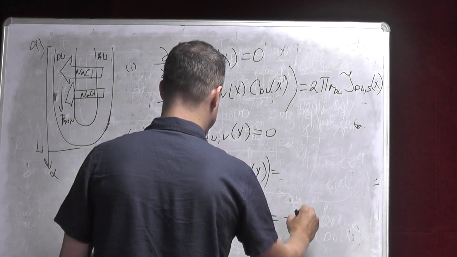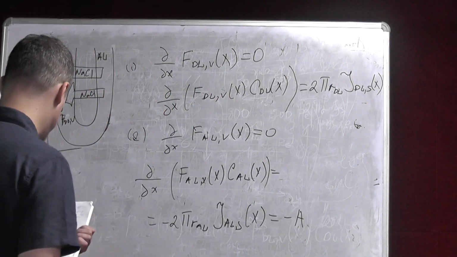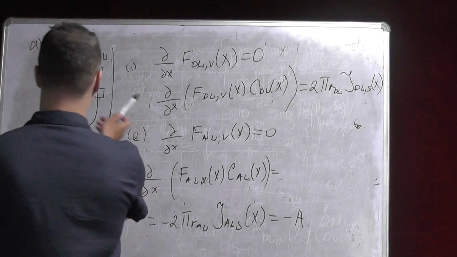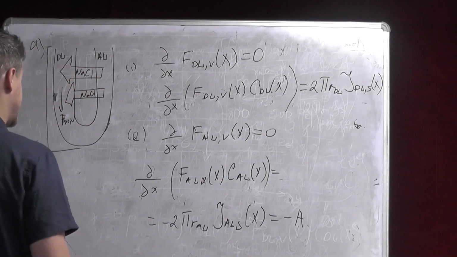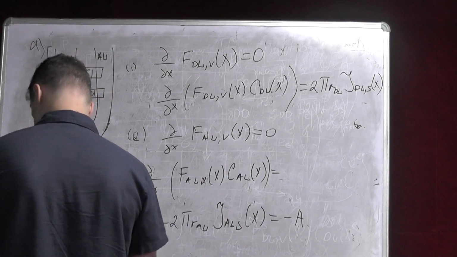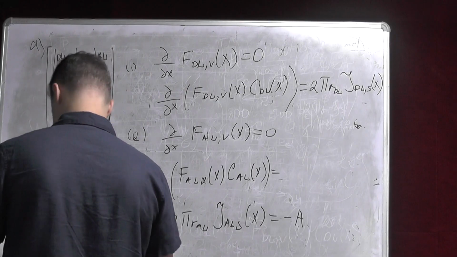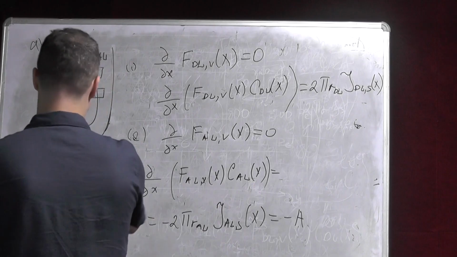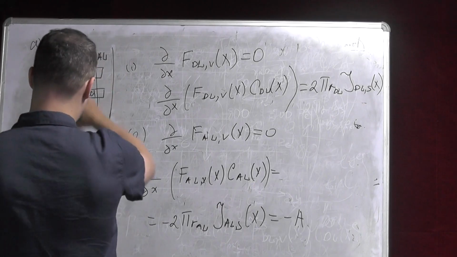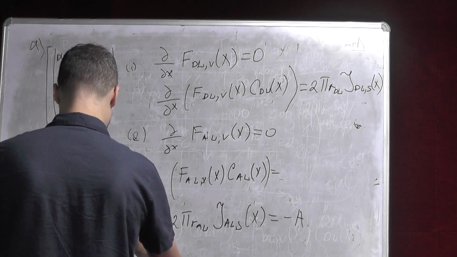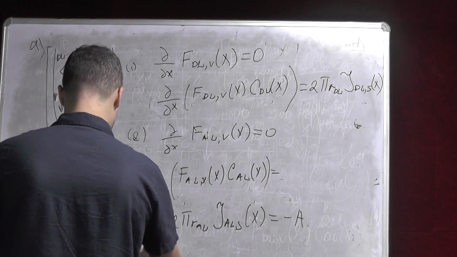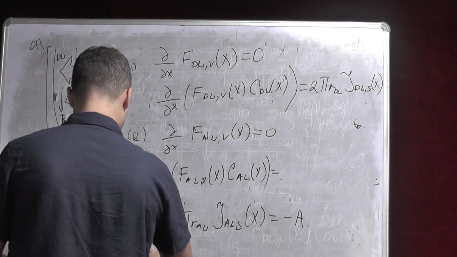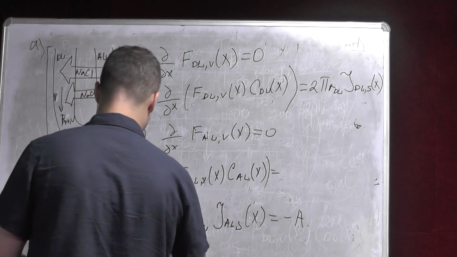And in that case, we can simplify this as the parameter minus A. And we assume that there is a direct flow between this ascending and descending limb. That will mean that right at the bottom of this loop, we will have the flux parameter.